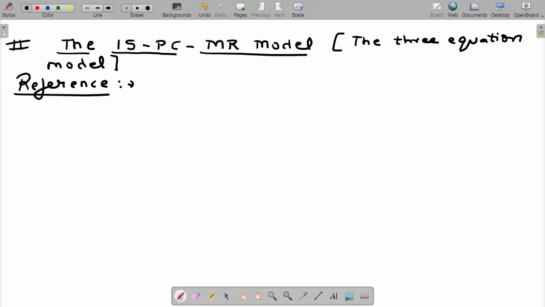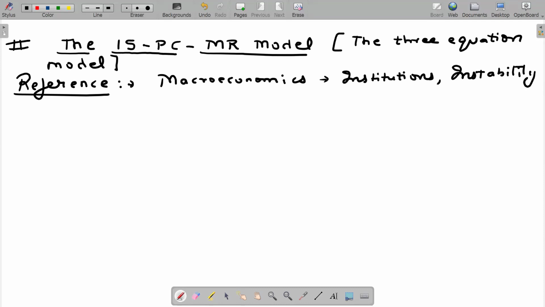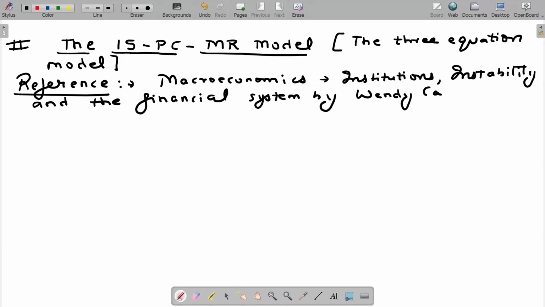So the book I'm following for reference is Macroeconomics, Institutions, Instability, and the Financial System by Wendy Carlin and David Soskice.